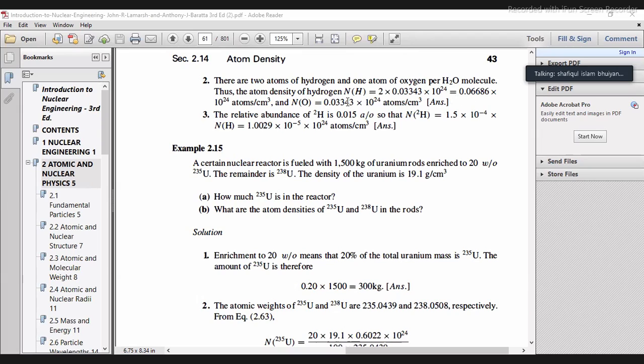We have got the number of hydrogen here. So you multiply the number of hydrogen by the abundance, and you get the number of neutrons in the heavy water. Heavy water is just hydrogen and neutron together, so we call it neutron. So the number of neutrons will be these atoms per centimeter cube.